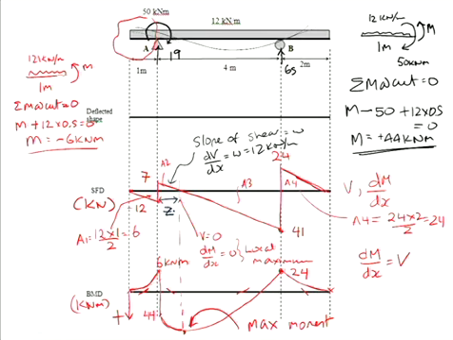I'll call it Z. So, looking at that triangle there, we know the slope of this line is 12 kilonewtons per metre, and we know the height here is 7. So we're using this relationship here. V is equal to dM/dx is equal to W, and from that you get a Z value in there of 0.5833.